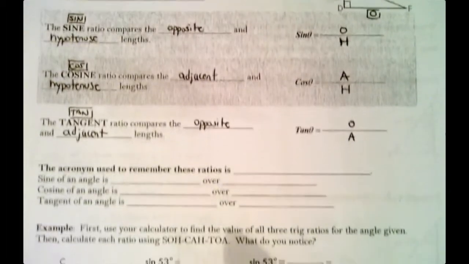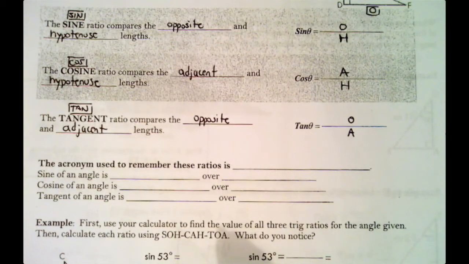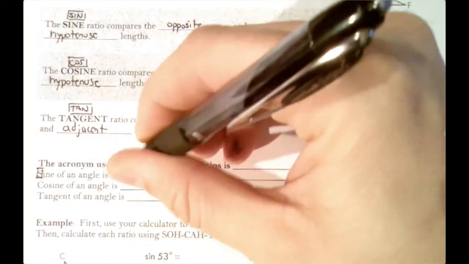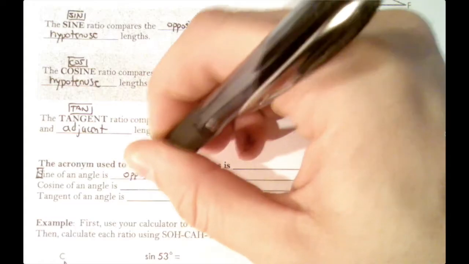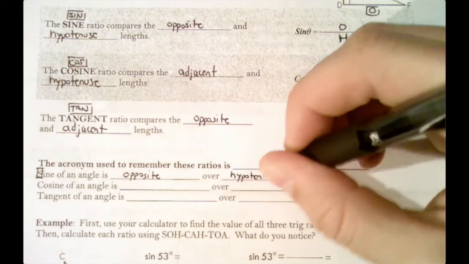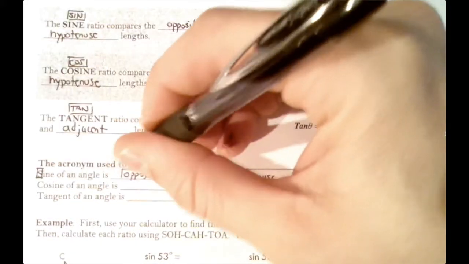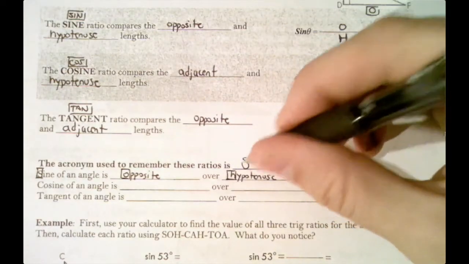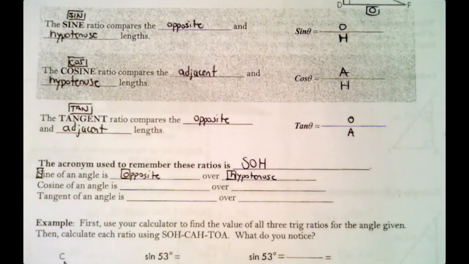So what's this mean? Well, if we put all this together, sin or sine, S, is opposite over hypotenuse. And let's look here. Sine starts with an S, opposite starts with an O, hypotenuse starts with an H. S-O-H.